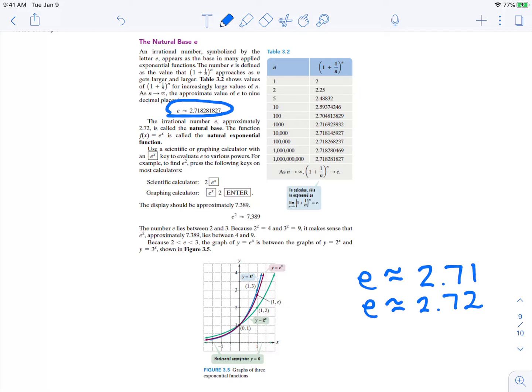Your calculator button is e to the x power. Here are the two ways that you can use the calculator, as a scientific or a graphing calculator.